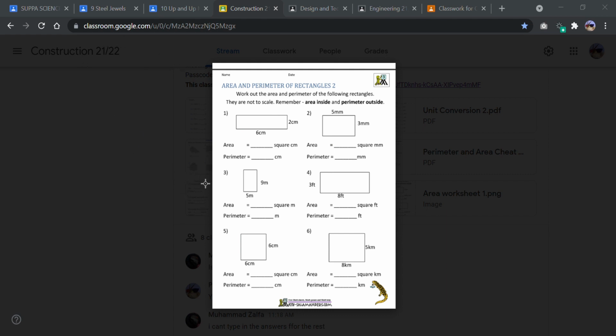So to find the perimeter, if this side is 60 millimeters, how long is this side? The other side is 60 millimeters because it's a rectangle. Both sides are the same. If this side is 20, how long is this side?